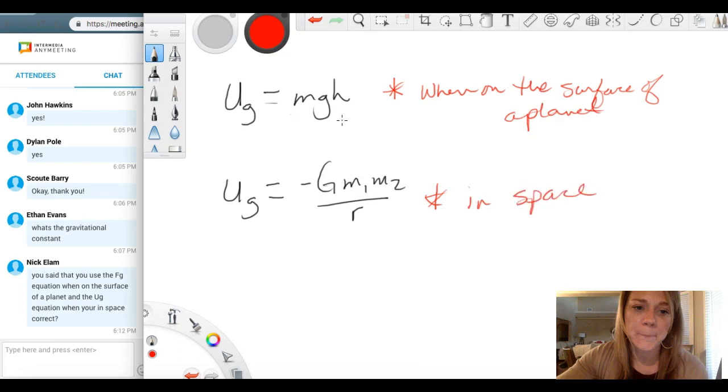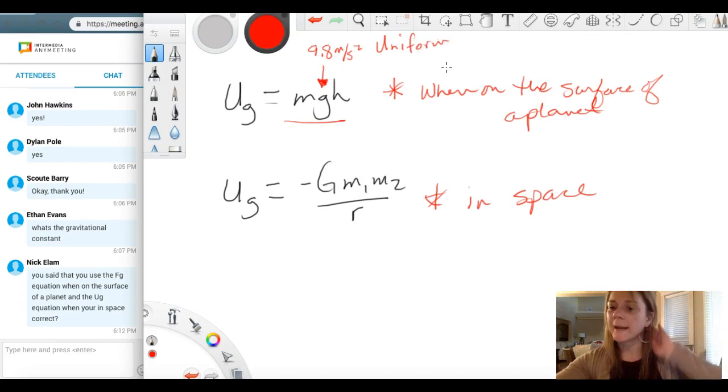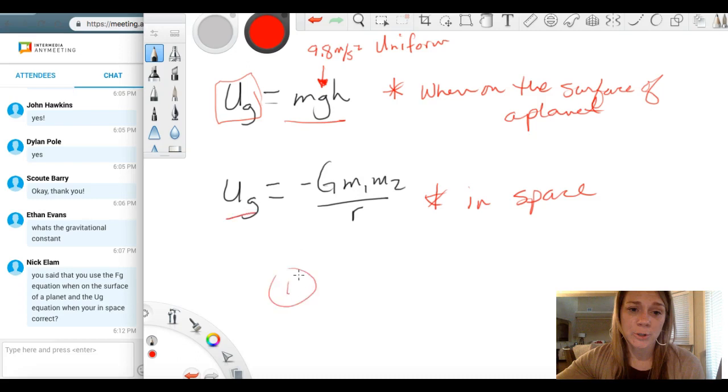The reason you can use this one on the surface of the planet is because the gravitational field is approximately 9.8 meters per second squared, and the field is uniform. At the surface of the planet, the field doesn't vary enough for there to be a dramatic difference in the gravitational potential energy.